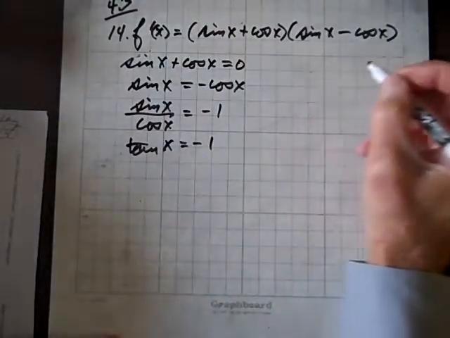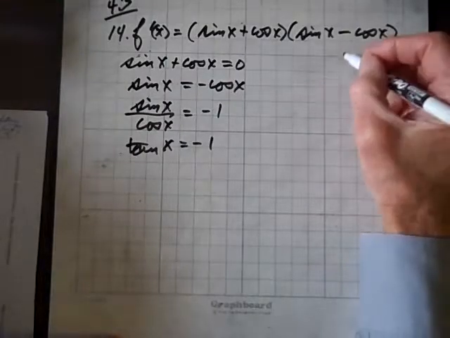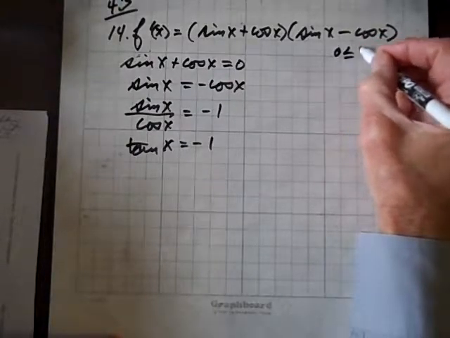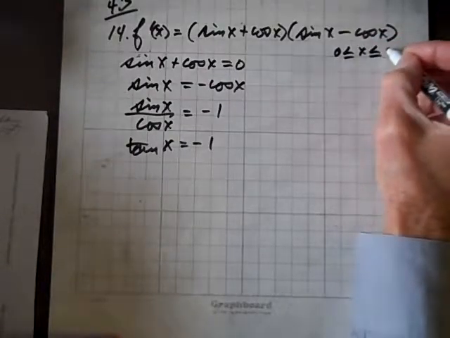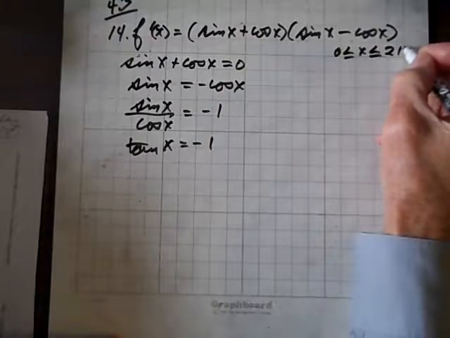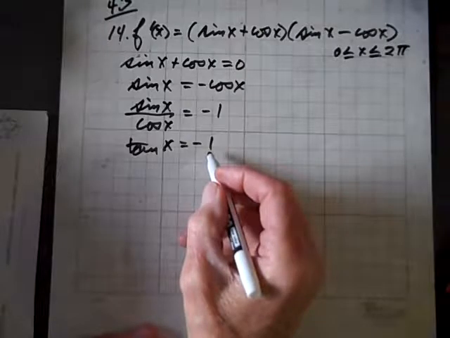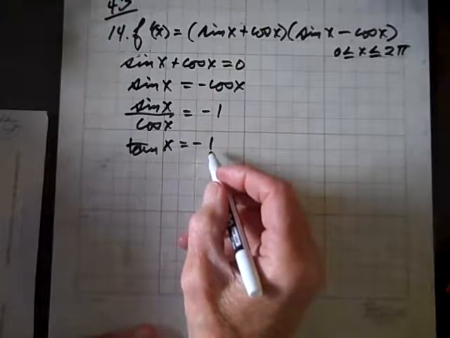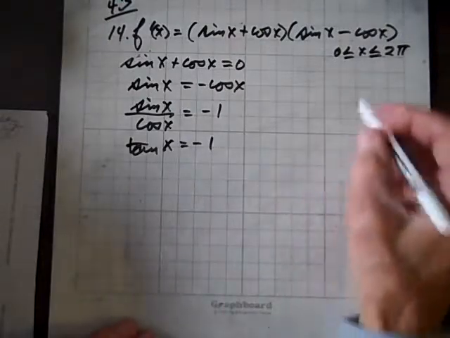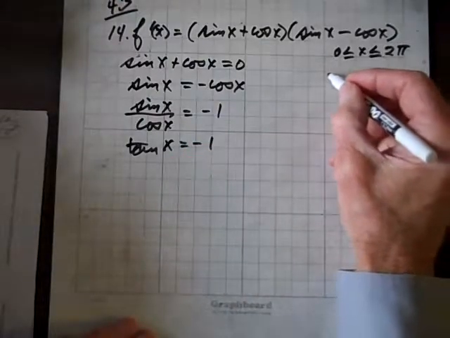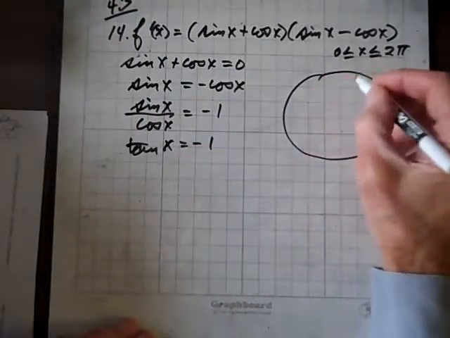Well, and by the way, we're on the interval 0 is less than or equal to x, which is less than or equal to 2 pi. Will you agree the tangent of x equals negative 1 at, and I'll draw a circle here.